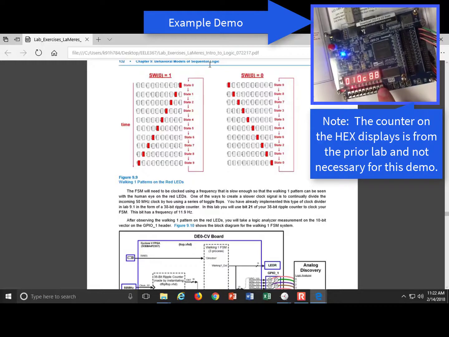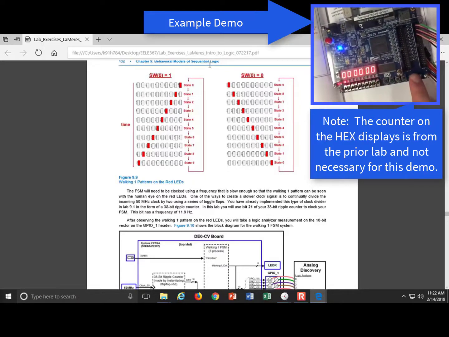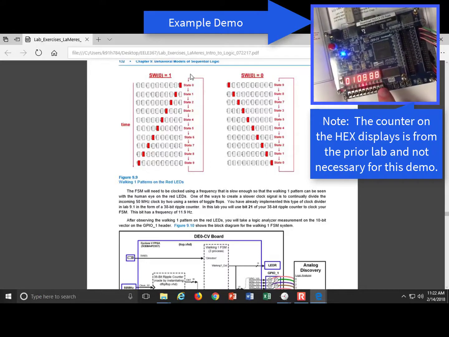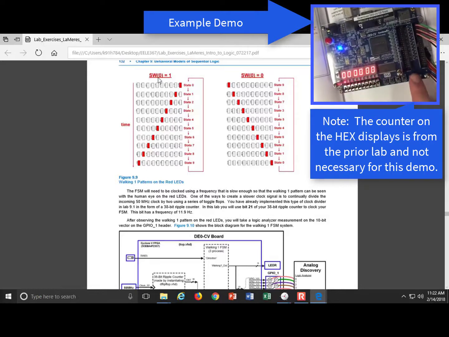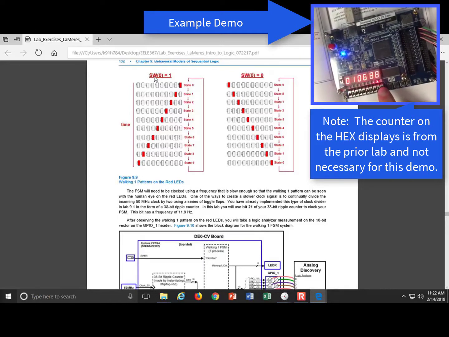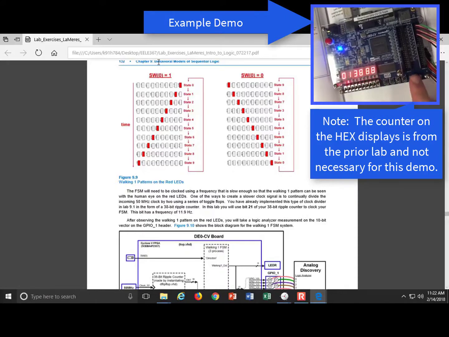But in VHDL, all you do is code it up and let the synthesizer take care of all the circuits that you need. To make this a little more interesting, we will have an input into the finite state machine in the form of the dip switch, switch 0, and it will tell you which way you're going to go. Not that big of a deal.